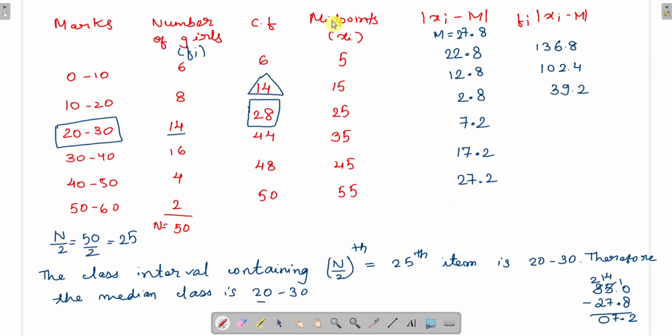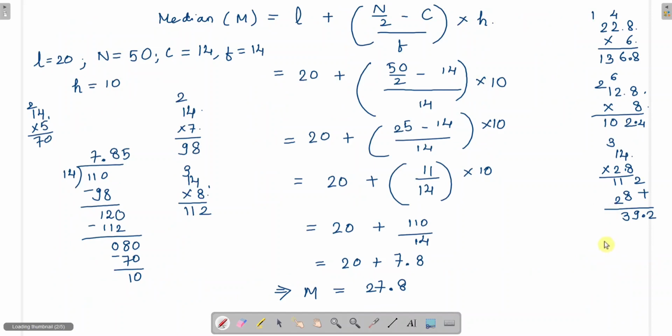Then 7.2 times 16. 6 2s are 12, 6 7s are 42 plus 1 is 43, plus 1 times 2 is 2, 1 times 7 is 7, so 115.2.